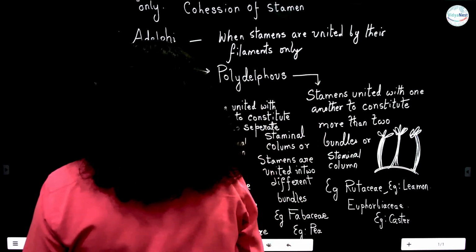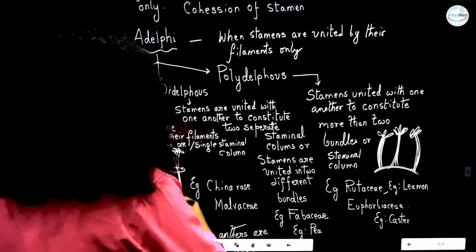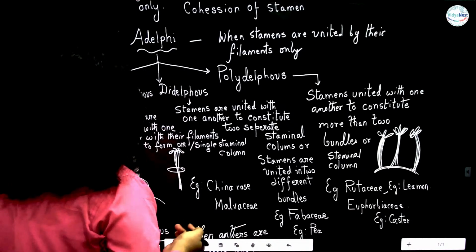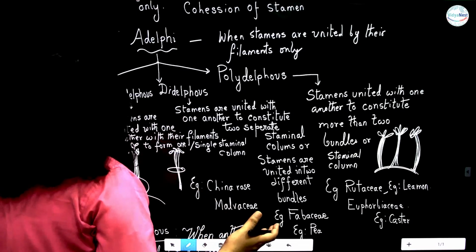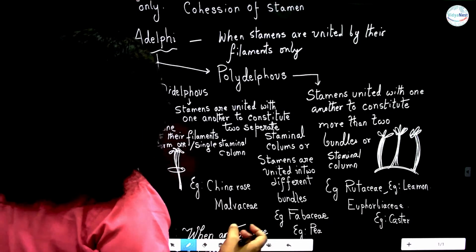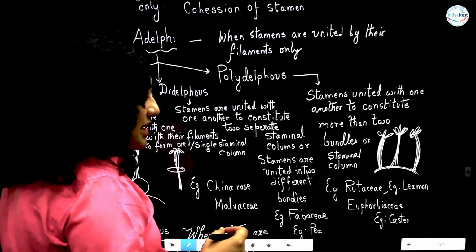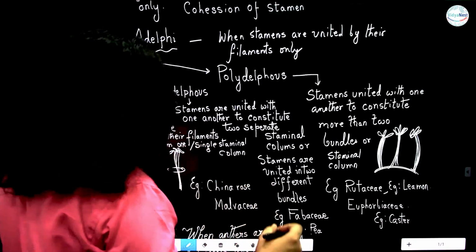this is known as adelphi, and it can be divided into following types: monadelphous, or you can say monoadelphous, diadelphous or sometimes didelphous, polyadelphous. In monadelphous condition, we find a single staminal column. They have united with filaments to form a single staminal column.